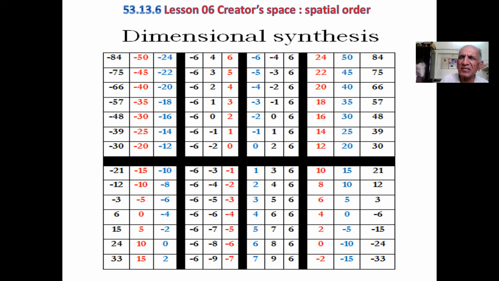It is a depiction of a very big projection of the potentialities of the creators of space because of its spatial dimensional order. We shall be coming to it. In fact, we shall be devoting a full session for comprehension and imbibing of this table only.